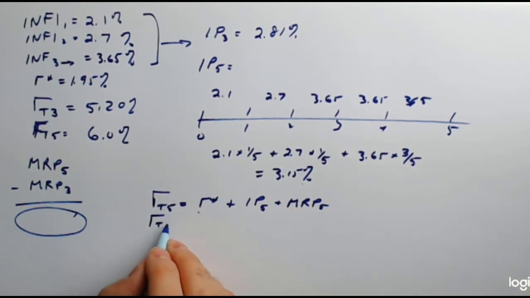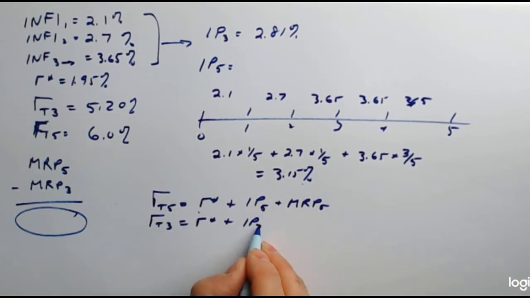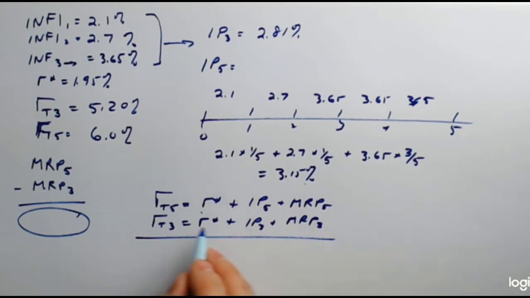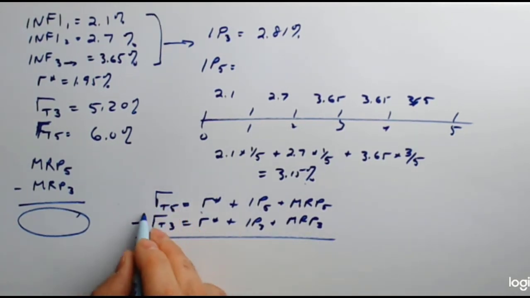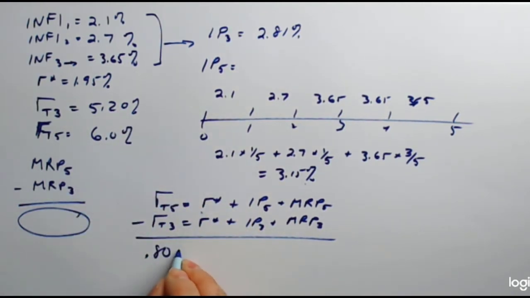And then we're going to subtract it from a 3-year security. When we subtract that, this is the difference between the two interest rates. It's the difference between these two numbers. It's going to be 0.80. Okay? This will cancel out, so we can ignore it.